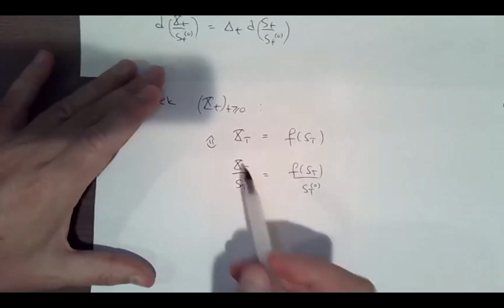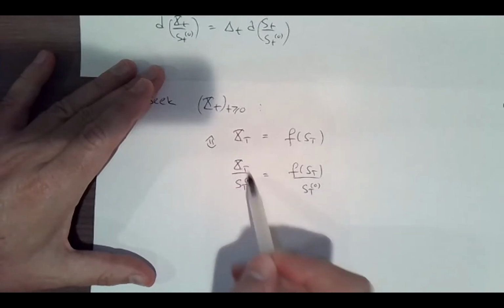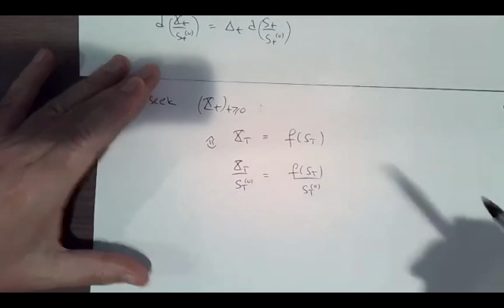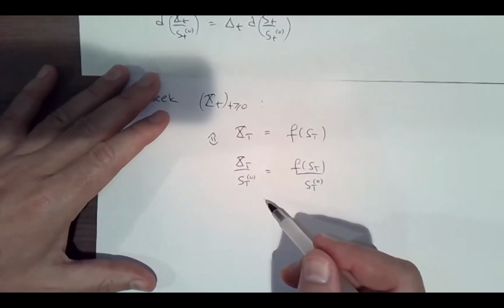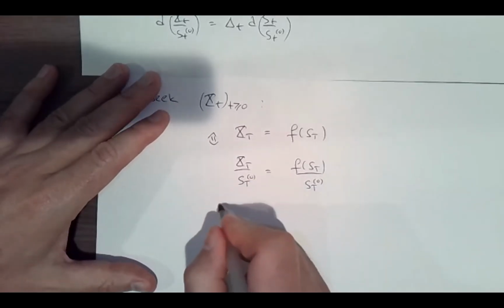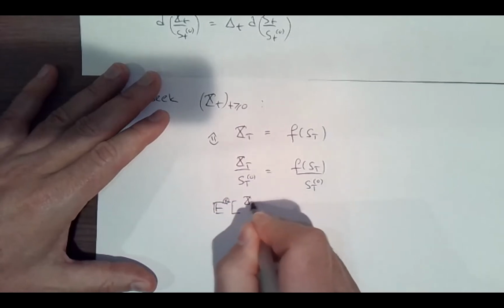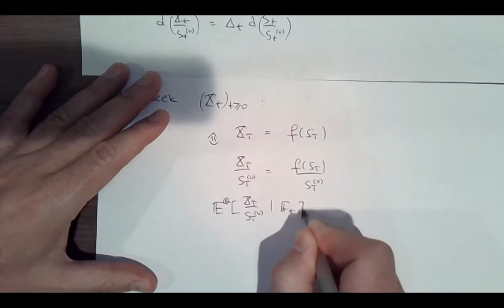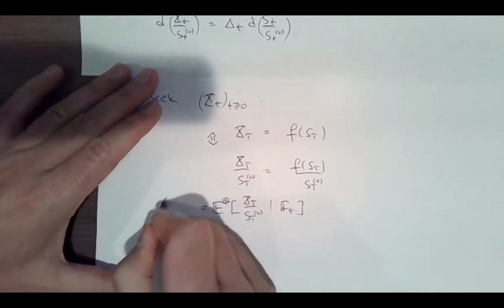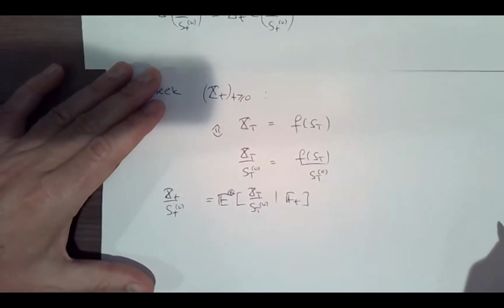Just as in discrete time, wealth divided by the bank account is going to be a martingale, and the reason is because this is how we constructed the measure Q. So we'll use the martingale property: the conditional expectation of xt divided by the bank, that's the martingale property.